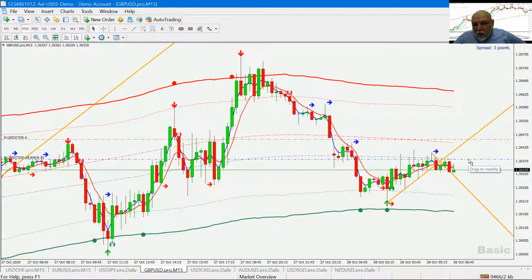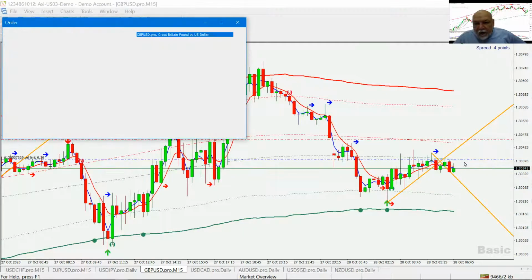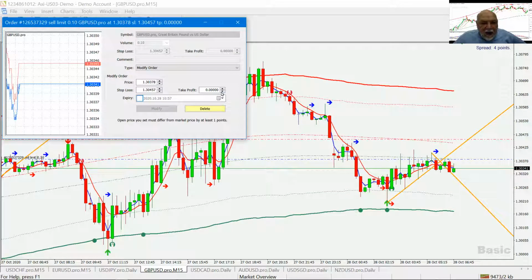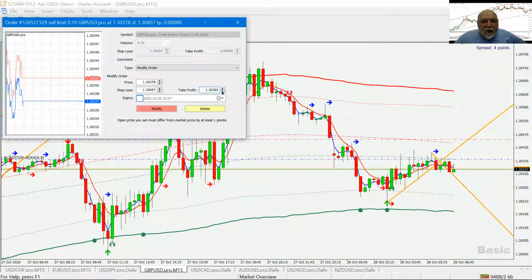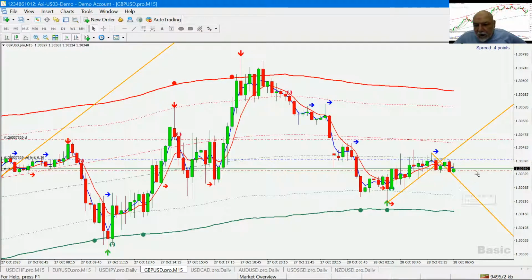And now I'm going to put a target, modify, and take profit target. You can see that I trade off the charts. Don't sit there with the pen and pencil and calculator. So here I'm going to pull this down and just go down into this level down in here.